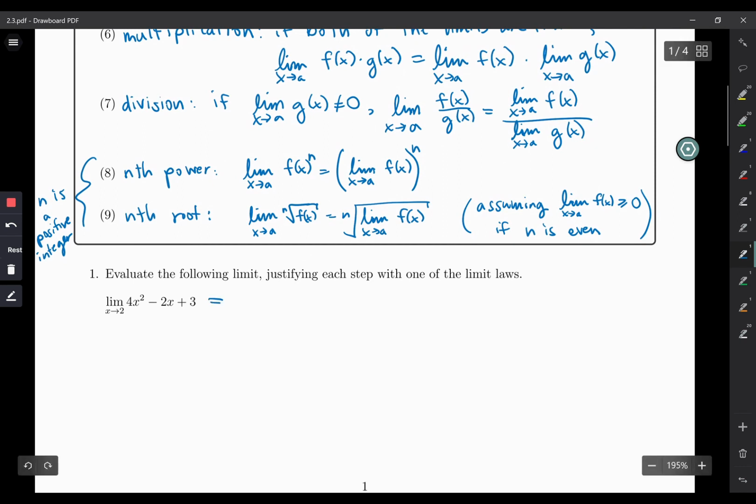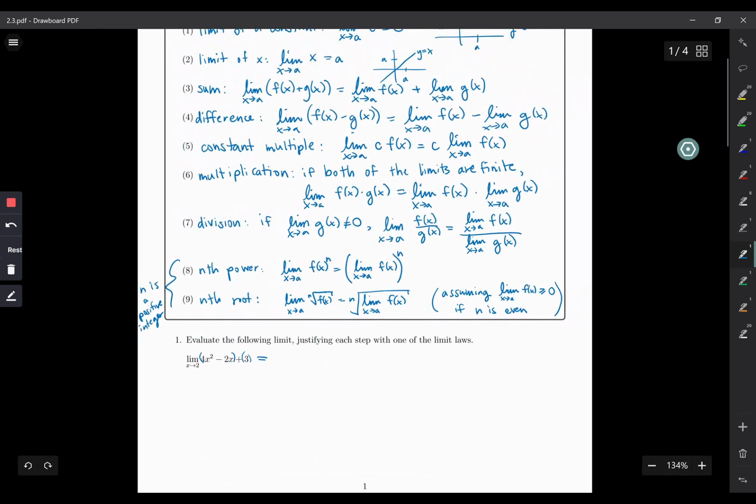Here, the first thing I'm going to do is split this into two functions that are being added together, so I can group them like this. Let me zoom out a bit so that I can see.